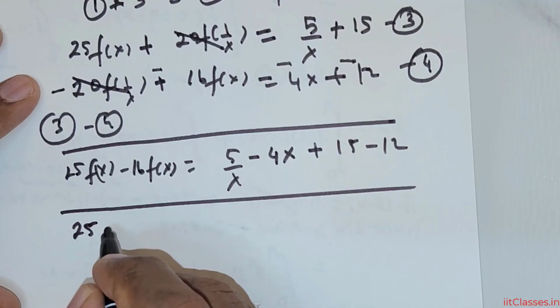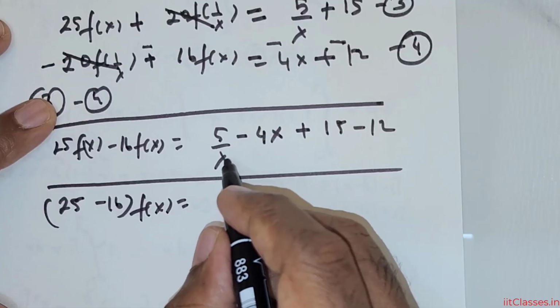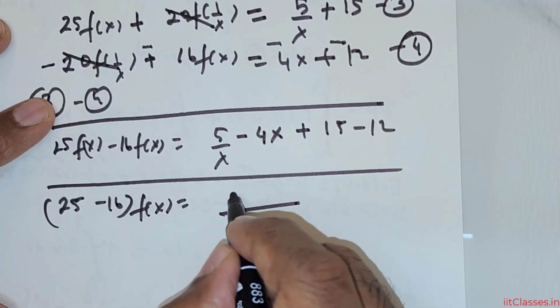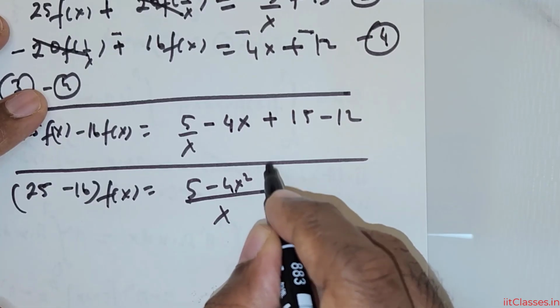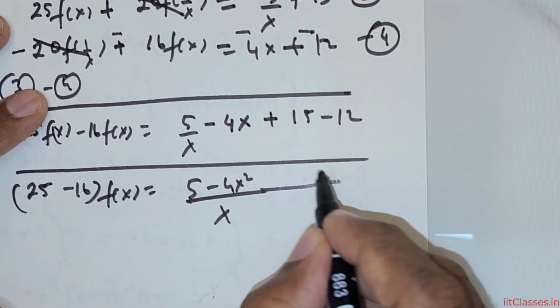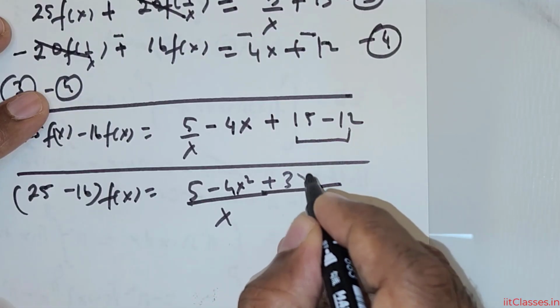So you take 25 minus 16 out, and over here you take x as the LCM, you get 5 minus 4x squared for this part. And 15 minus 12 will be 3, so plus 3 times x.